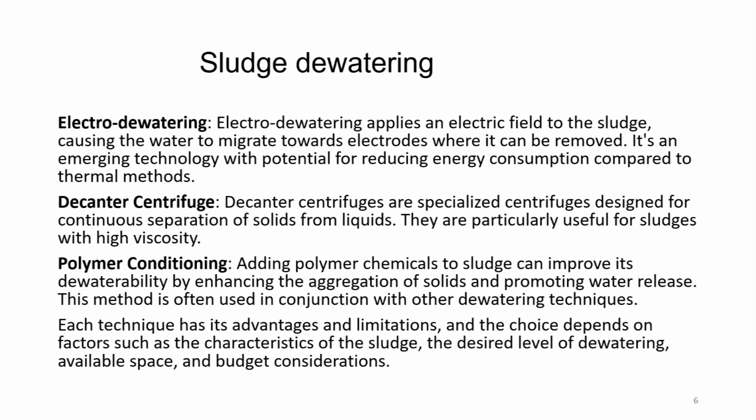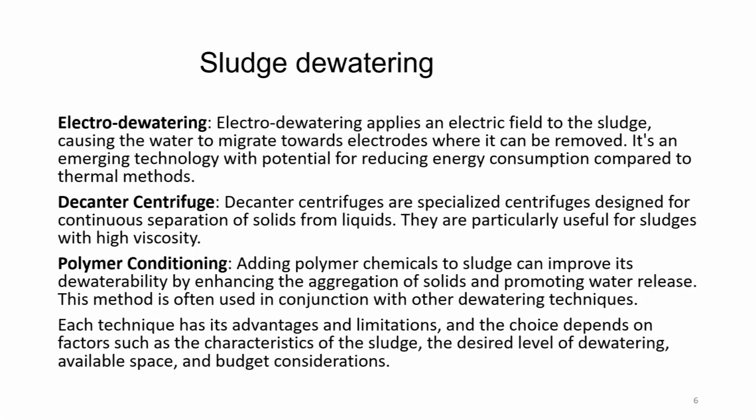Electro-dewatering. Electro-dewatering applies an electrical field to the sludge, causing the water to migrate towards the electrodes, where it can be removed. It is an emerging technology with potential for reducing energy consumption compared to thermal methods.